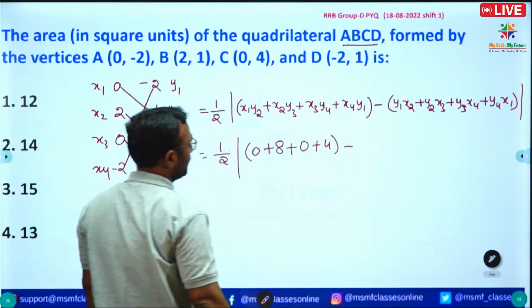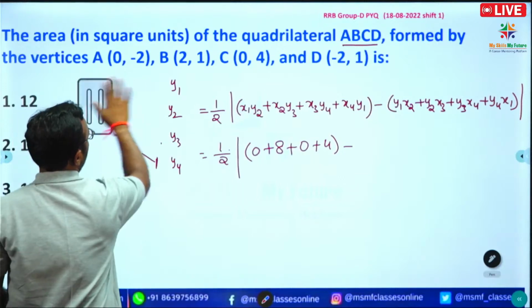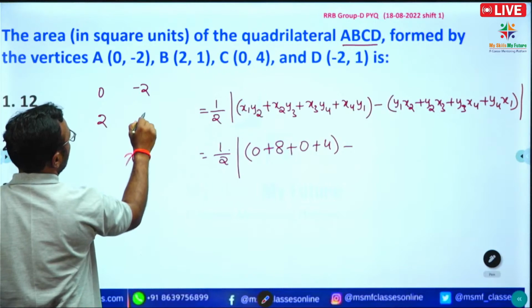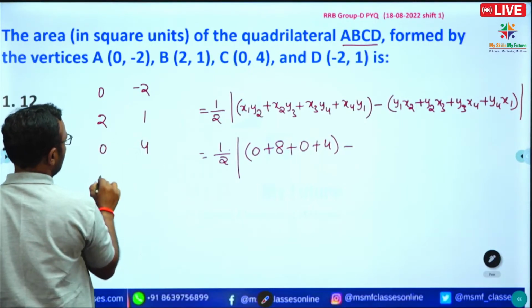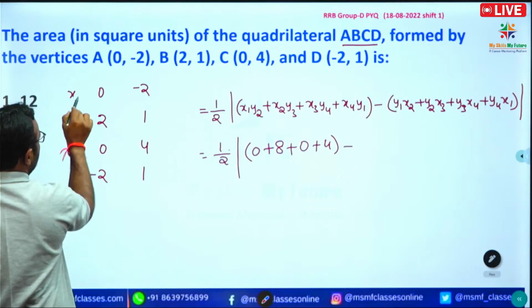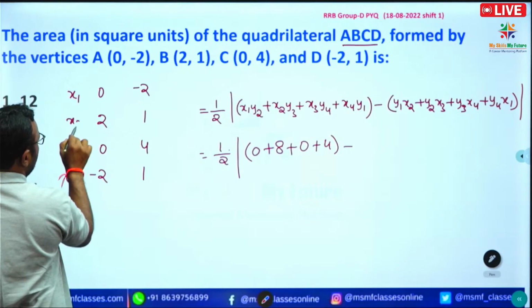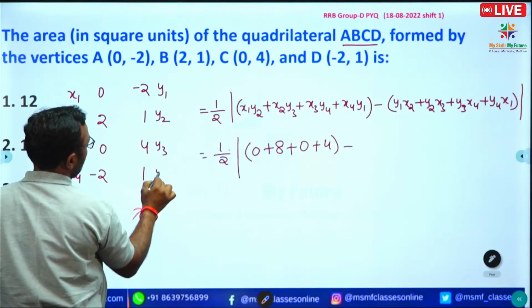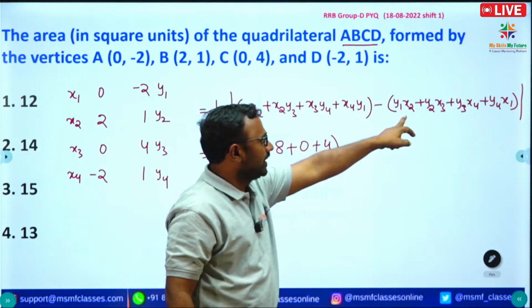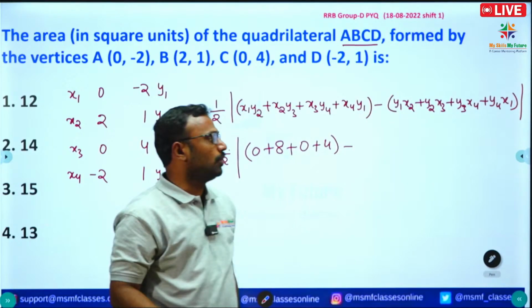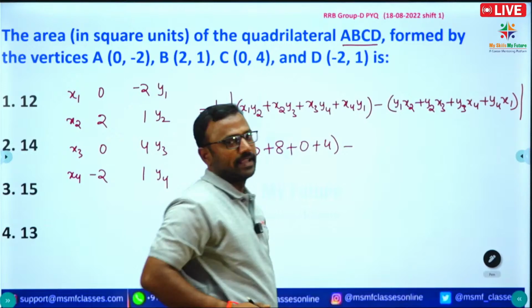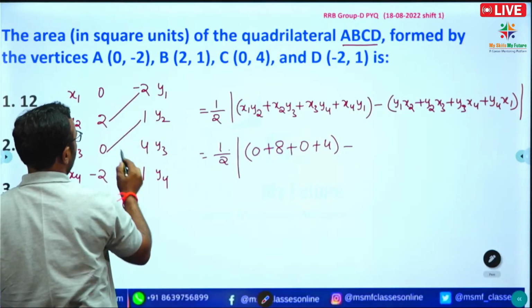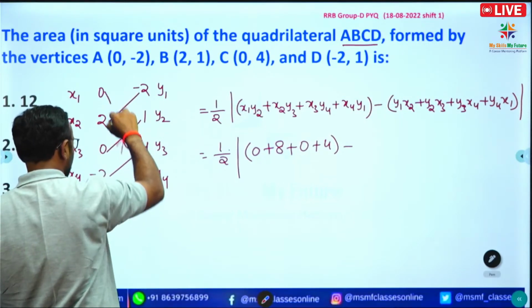Minus, again you write the values: 0, minus 2, 2, 1, 0, 4, minus 2, 1. These are the values x1, x2, x3, x4, y1, y2, y3, y4. So for this, y1 x2 plus y2 x3 plus y3 x4 plus y4 x1.